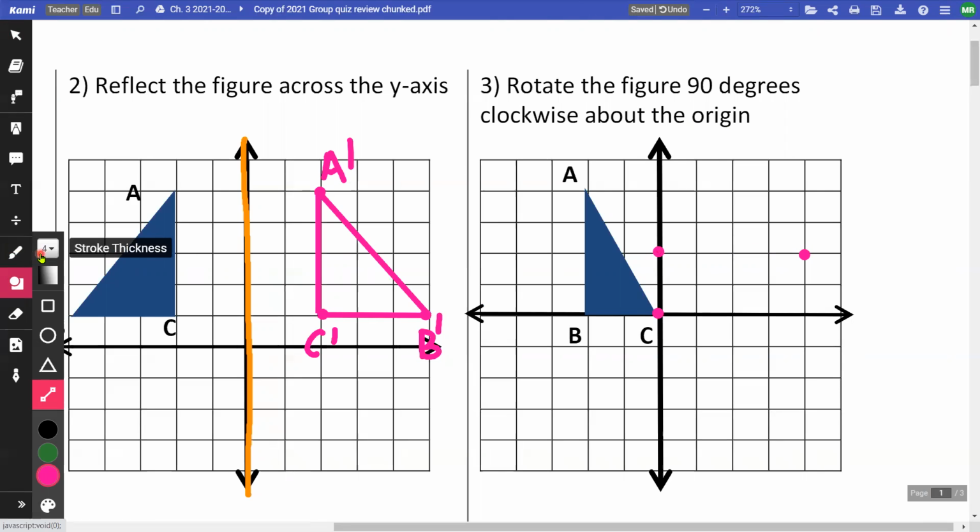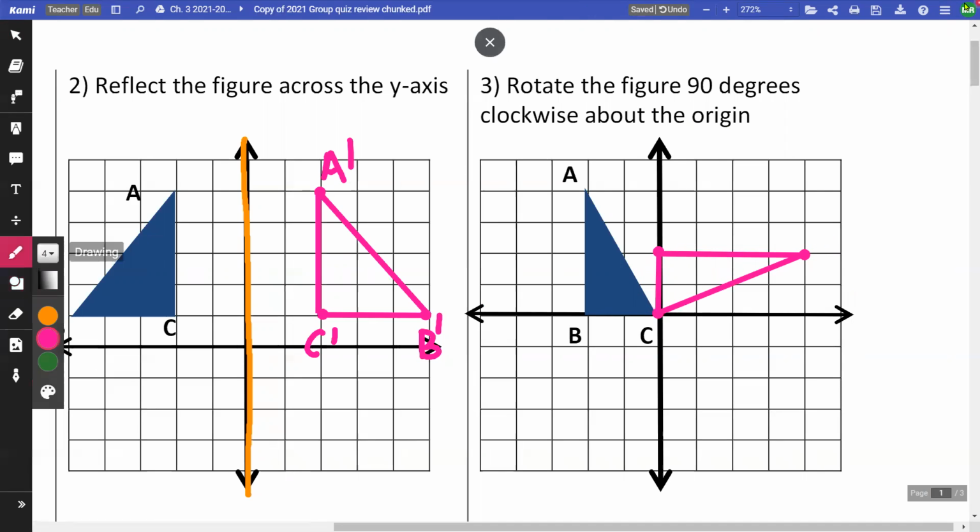Let me make this a little thinner. Okay. And then again, when I'm labeling these, this is going to be my C prime, this is my B prime, and this is my A prime.